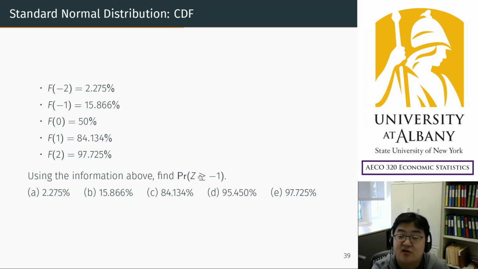So the probability greater than -1 can be calculated from the probability smaller than -1. Smaller than -1 is 15.866%. So the other side of that probability, 100% minus this probability, is this one.